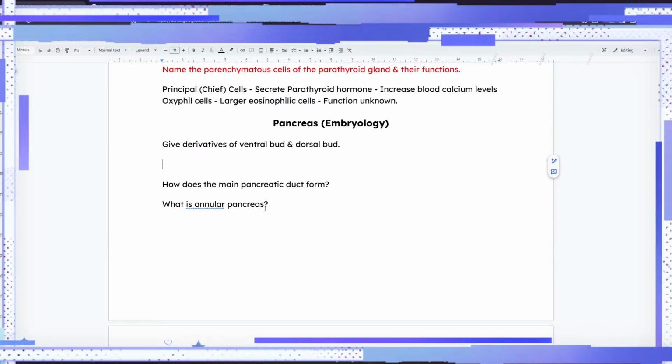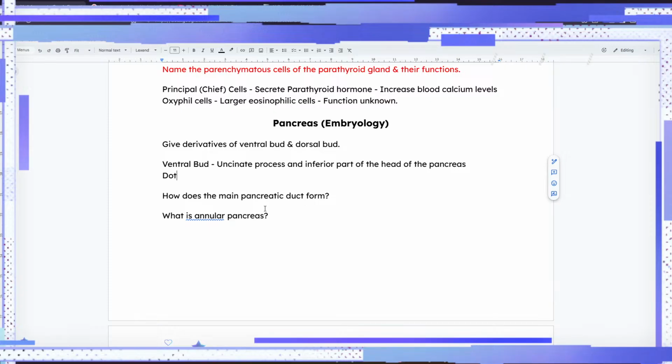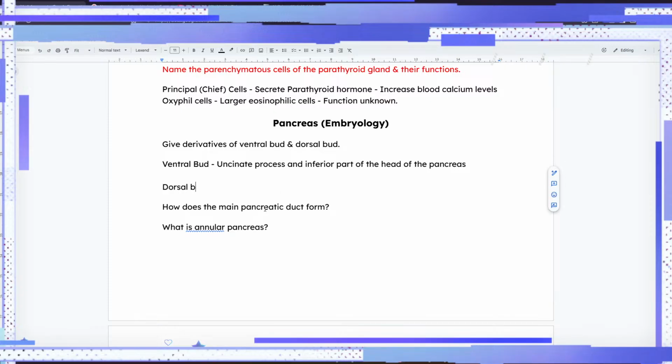So ventral bud forms the uncinate process and inferior part of the head of the pancreas, while dorsal bud forms the superior part of the head, the neck, body, and the tail of pancreas.